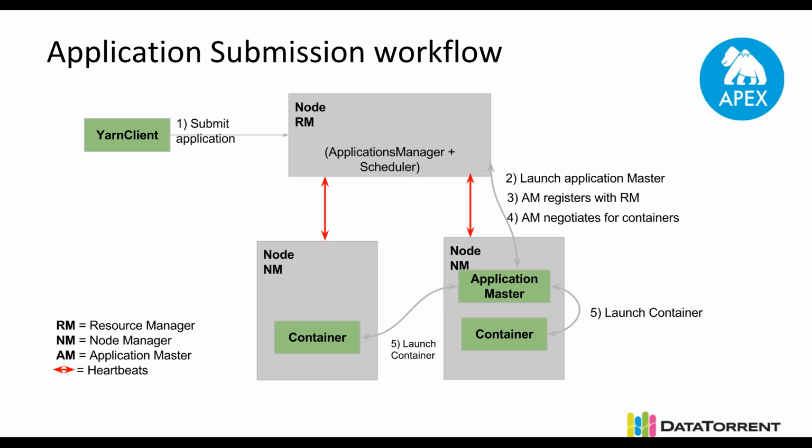So let's say any of your container goes down, the resource manager will know that, and the resource manager will then actually redeploy that container to some other node. So let's say your node 1 goes down and there was a container on that. So resource manager will actually reschedule it on some other machine. Let's say your application master itself goes down because it is also a container.